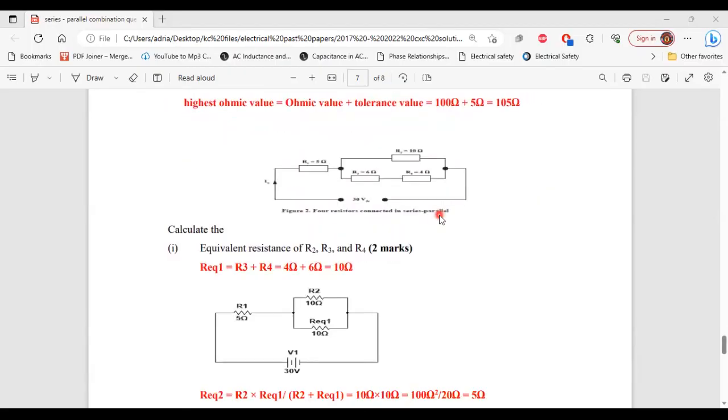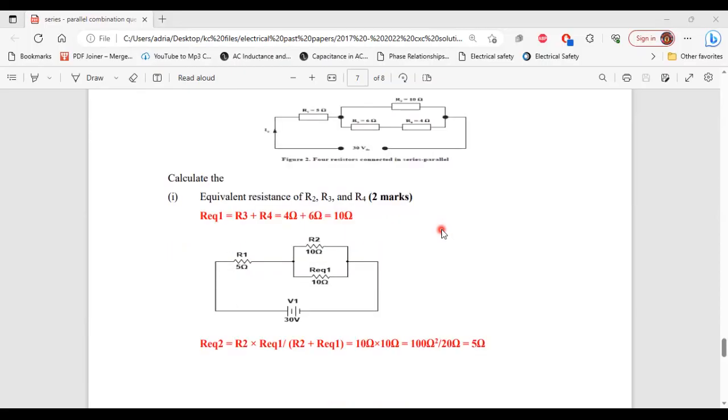All right, for the next part, this is part 1 of C. It says calculate the equivalent resistance of R2, R3, and R4. So here we have R2, R3, and R4.